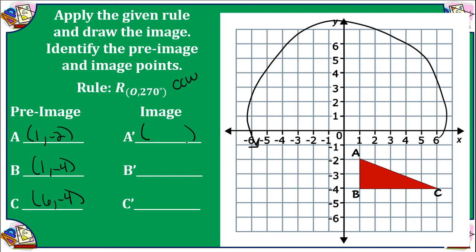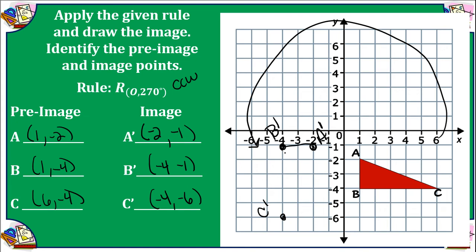So since we are moving 270 counterclockwise, the x values change to the opposite and move to the y location. And then the y's stay the same value, they just move to the x location. So we have -2, -1 is A prime, -4, -1 is B prime, and -4, -6 is C prime.